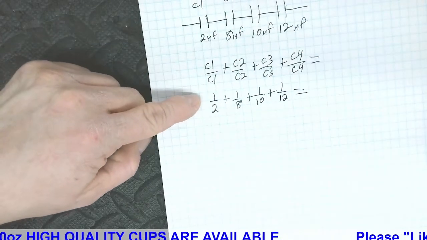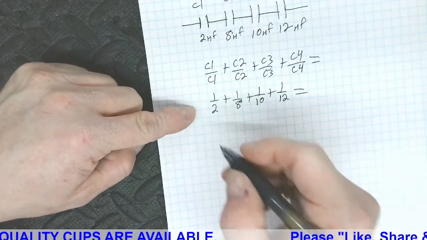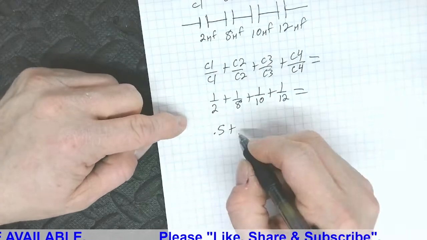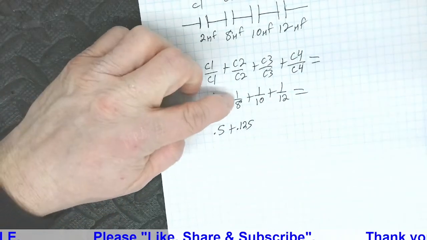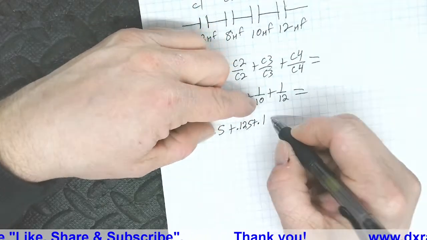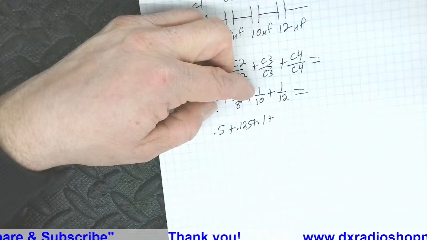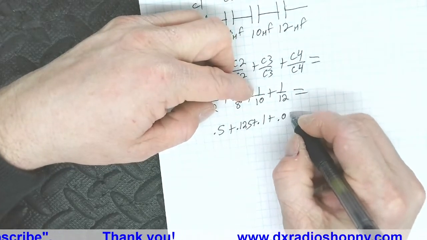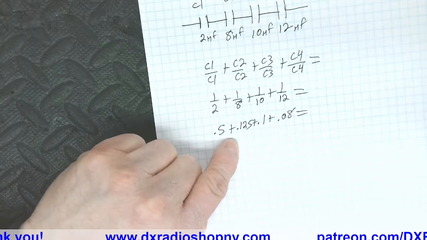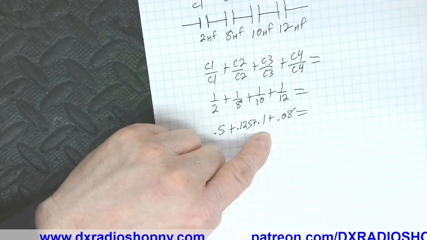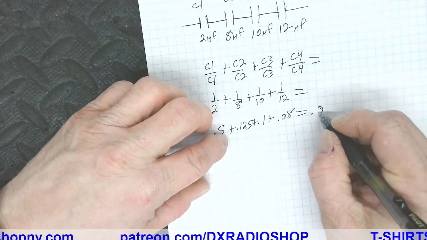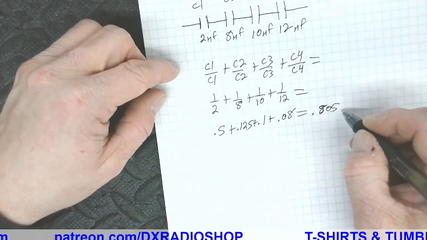So 1 divided by 2 is 0.5, plus 1 divided by 8, 0.125, then 1 divided by 10 is 0.1, and 1 divided by 12 is 0.08. Adding 0.5 plus 0.125 plus 0.1 plus 0.08 gives you a value of, what do you think, ladies and gentlemen? 0.805. Kind of an oddball number. Microfarad.